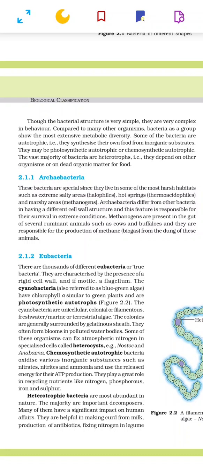The cyanobacteria are unicellular, colonial or filamentous, freshwater, marine or terrestrial algae. The colonies are generally surrounded by a gelatinous sheath. They often form blooms in polluted water bodies. Some of these organisms can fix atmospheric nitrogen in specialized cells called heterocysts, for example Nostoc and Anabaena.